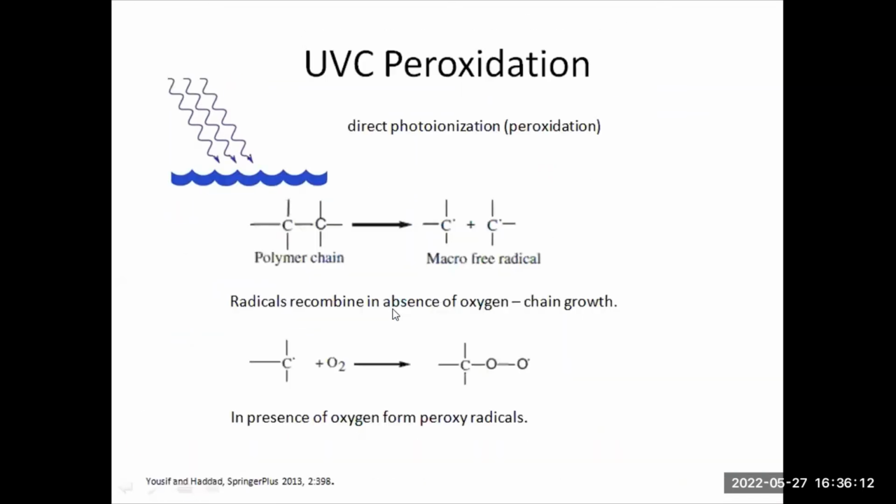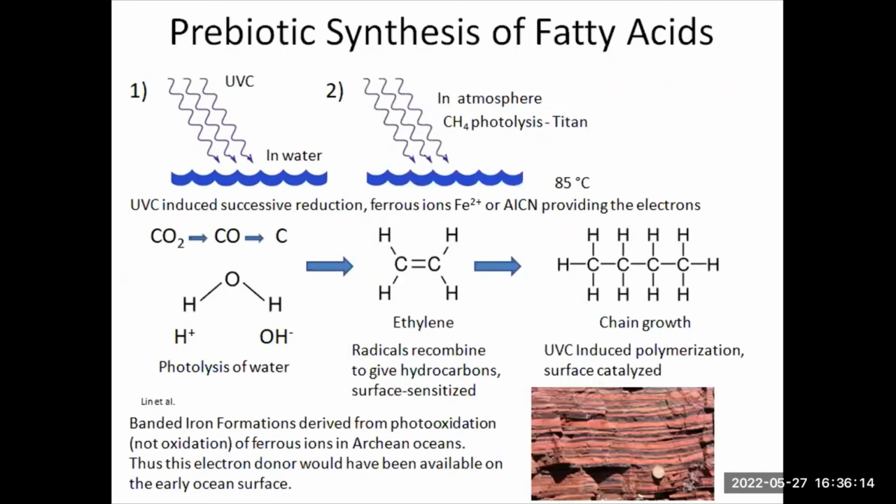Okay, now let me just say one more thing about this process. This process of producing hydrocarbons from carbon dioxide saturated water is, in fact, something they are trying to do in the laboratory today.